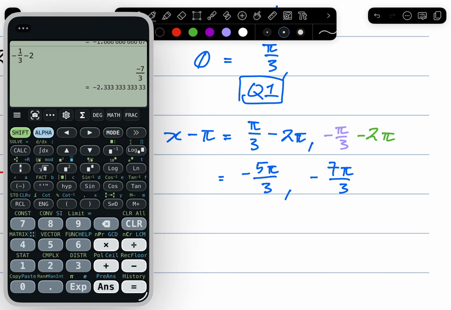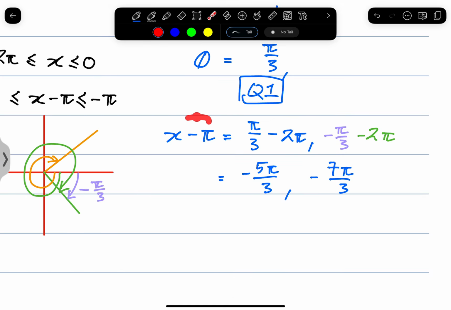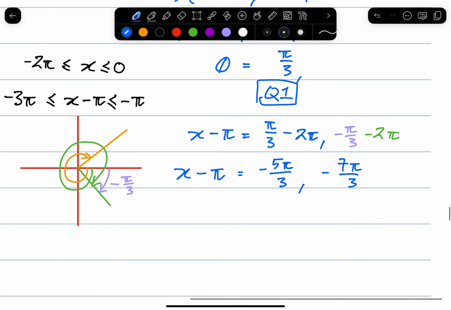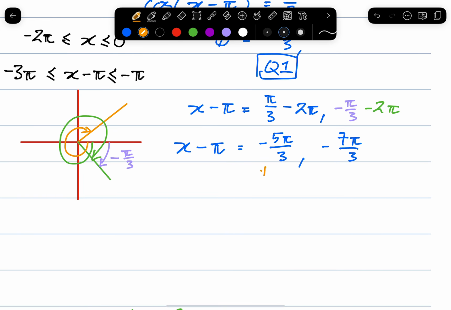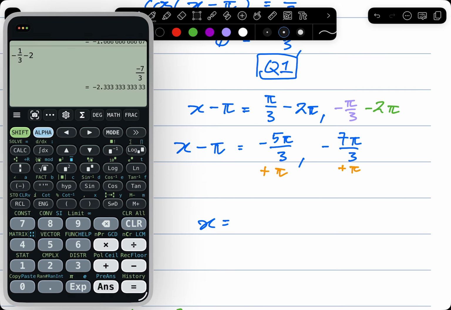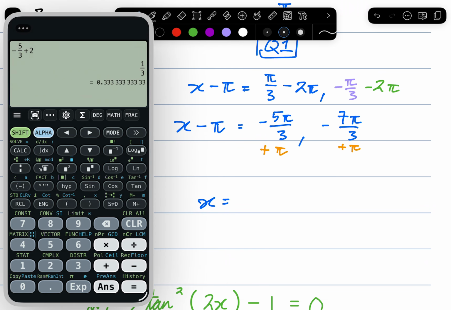Now remember, this is still the angle x minus pi. And to each of these, we're adding pi. So we get x is equal to negative 5 on 3 plus, sorry, not plus 2, plus 1.